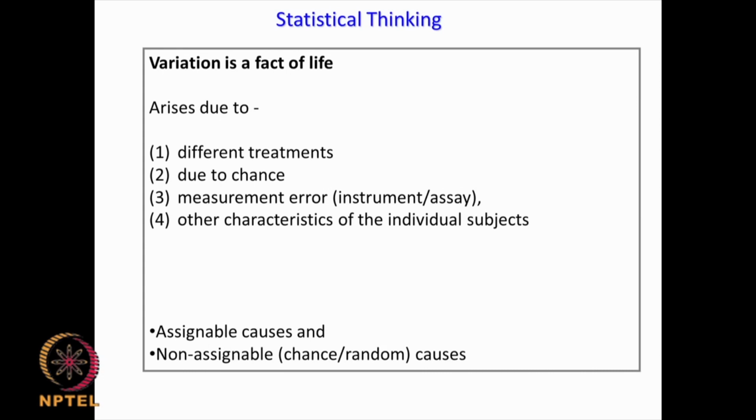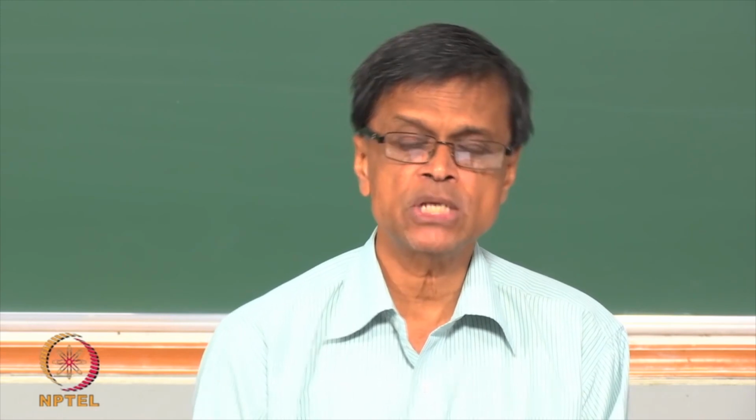And if I want to say a drug A is better than the drug B, the differences I see between the performance of drug A and B should be much larger than this statistical random variation, okay. So if the drug A reduces the tumor size by 10% and drug B reduces the tumor size by 9%, so the 10 and 9, that 1% difference should be much larger than this statistical random white noise type of variation.